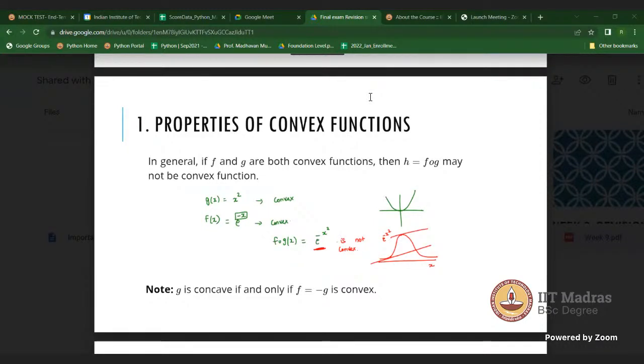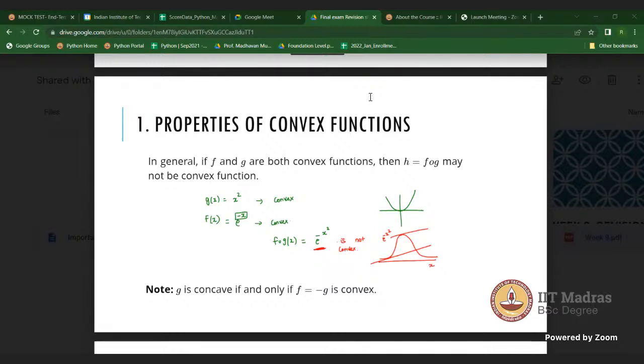Means it should be an increasing function, right? We cannot say that it's increasing, but if f double dash of x is positive, which basically means f dash of x is increasing. Not f of x is increasing.